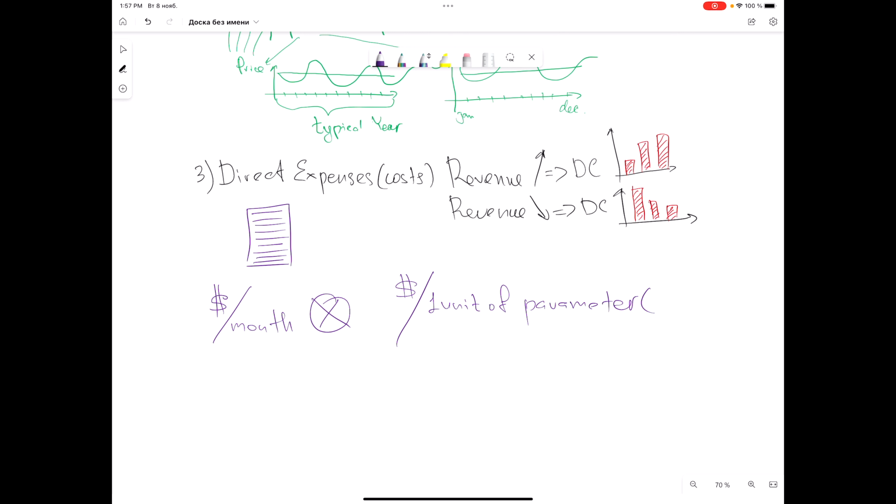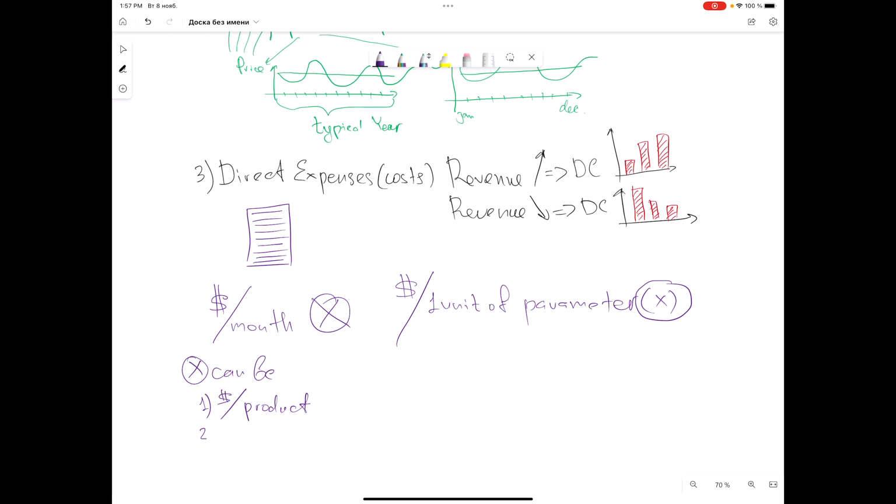Let's say X. And this X can be, for example, dollars per one product. So some direct expenses are linked with the amount of products that you are selling, or the amount of services that you are selling.